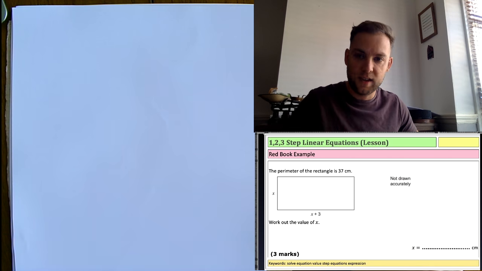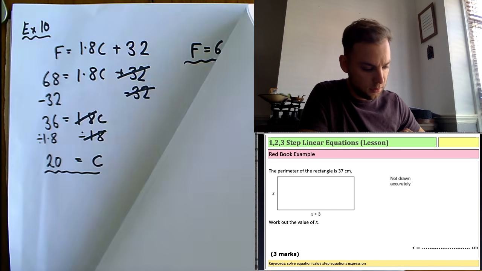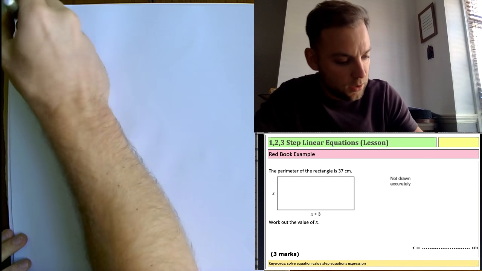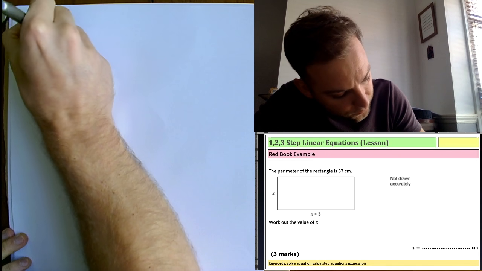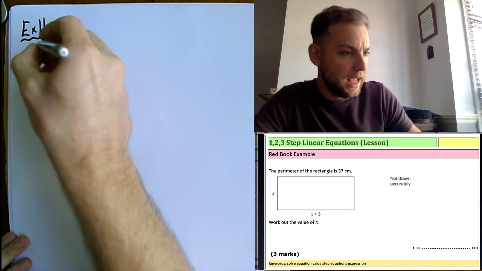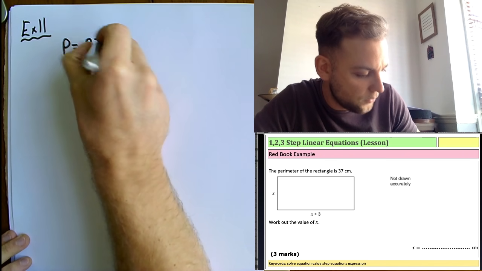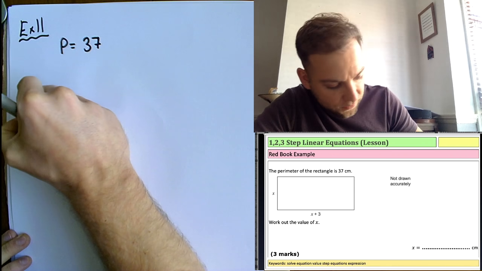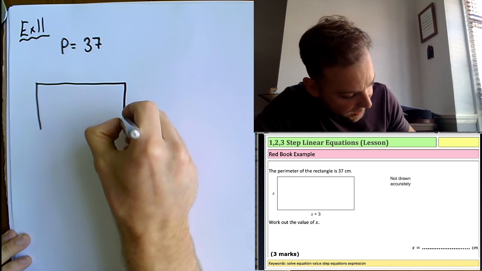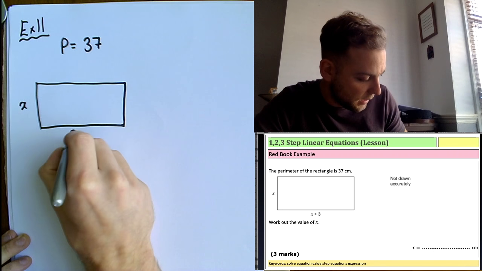So this one here is example 11. So here I've got the perimeter is equal to 37. And they've given me this rectangle, but they've given it to me in terms of x.